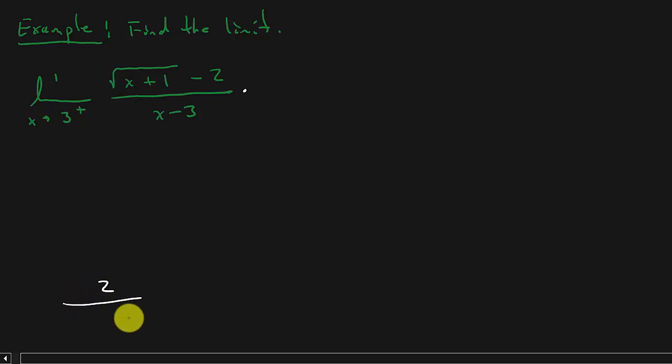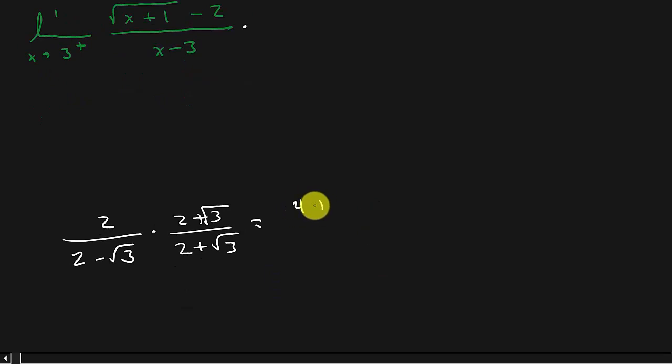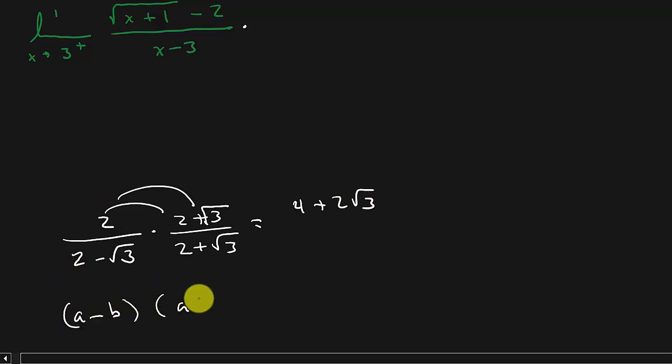If you remember in algebra, when you had to rationalize a denominator, you would multiply by the conjugate of the denominator, right? And remember, this would be 4 plus 2 square root of 3 when we distribute the 2. And this one is in the form a minus b times a plus b, which is a squared minus b squared.